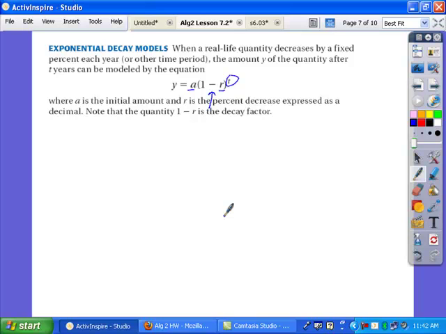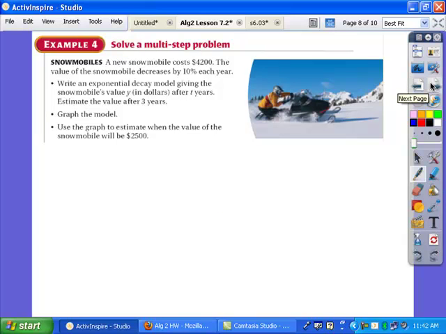All right. So here we have a snowmobile that costs $4,200 and the value depreciates by 10% each year. So again, the formula, 1 minus r to the t power. Okay. So write a model given the value and everything else.